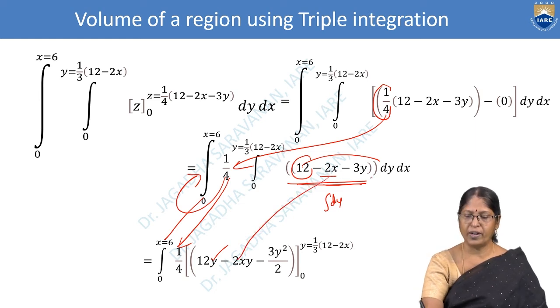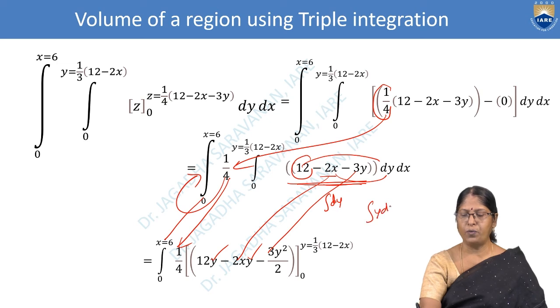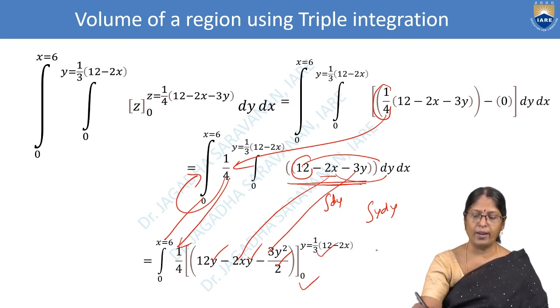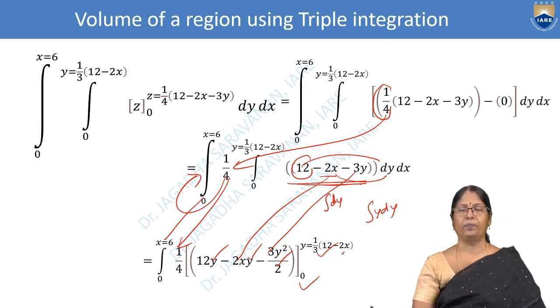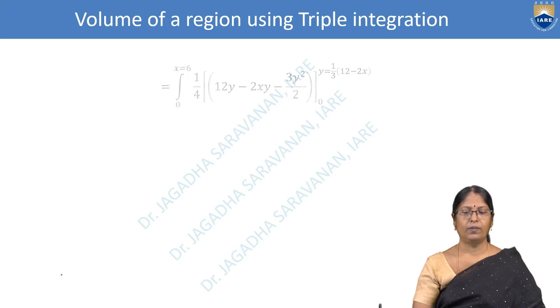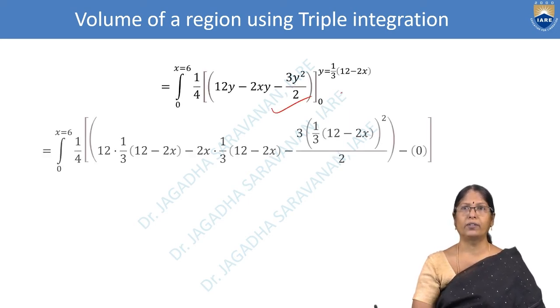Here also integral dy, it is y. Minus 3 is as it is. Integral y dy is nothing but y square by 2. Lower and upper limits regarding y are put here. So it is written here with the y limits.